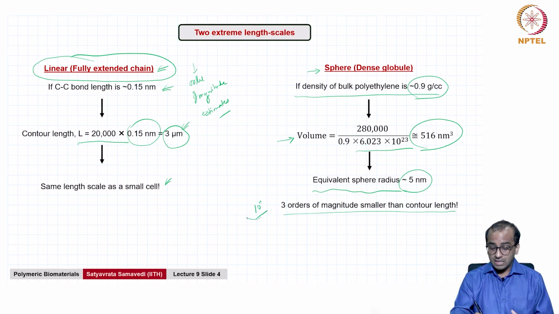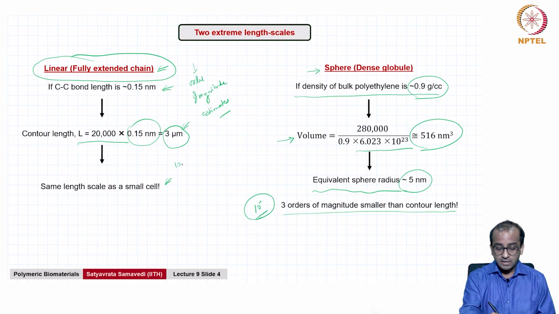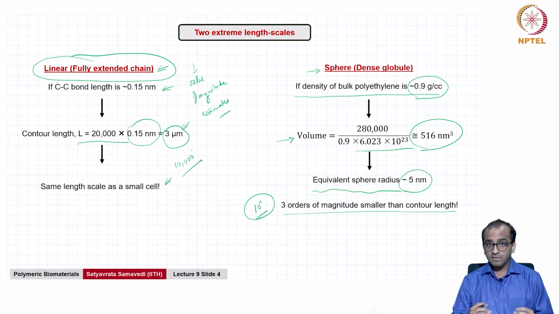If that is the length scale you are talking about here for the dense globule, you are talking about 10,000 inches here for the linear fully extended chain, which would be approximately the length of a basketball court.